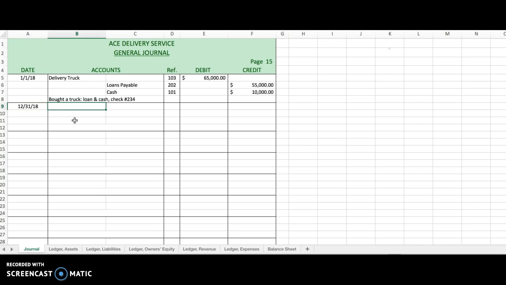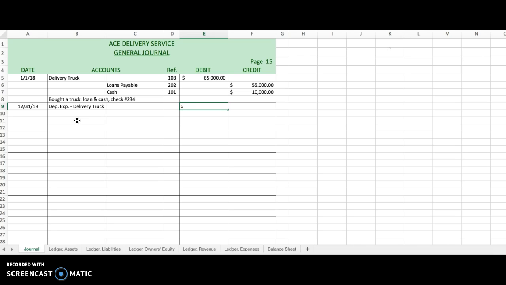The account we will use is one of the ones I showed you a moment ago. Let's go down here. So we will debit an account called depreciation expense for the delivery truck. That is a debit.